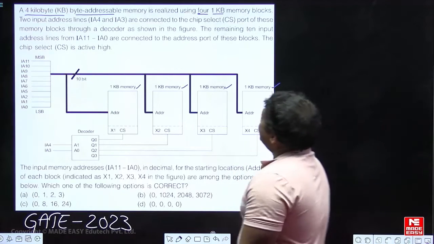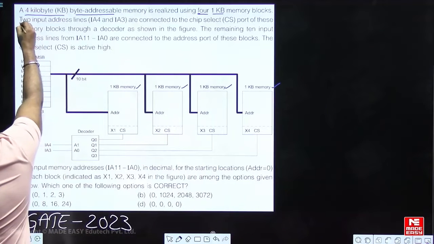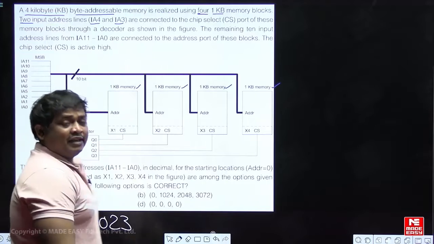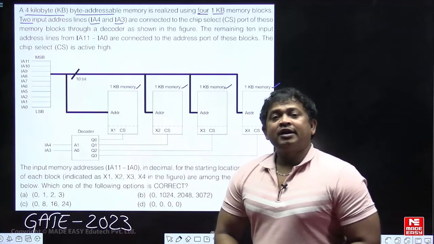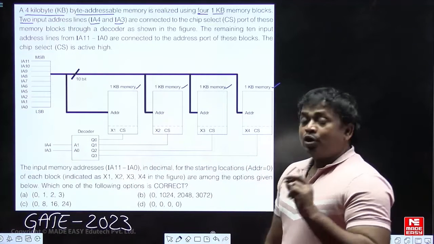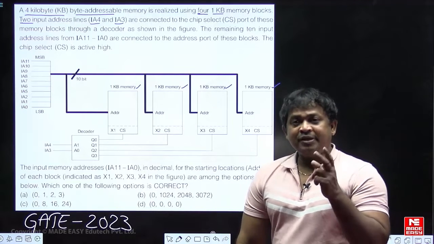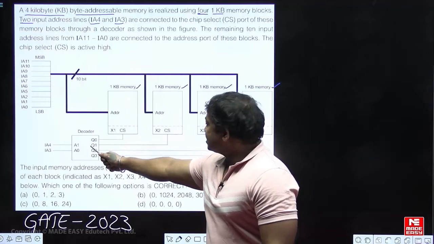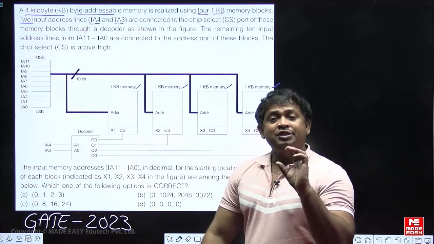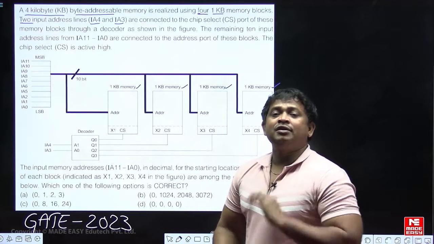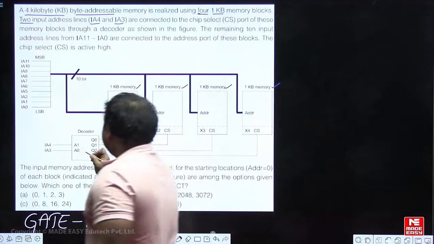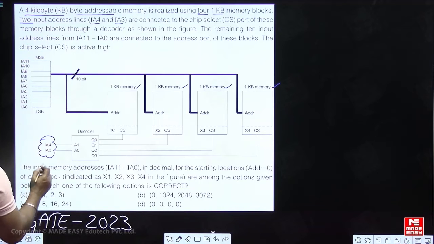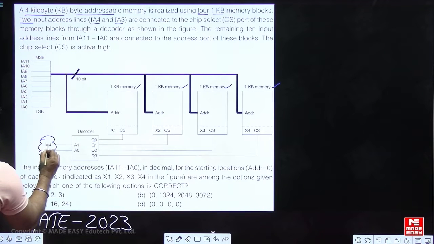Here there are 2 input address lines named IA4 and IA3. These 2 input address pins are connected to the decoder circuit. This decoder circuit is connected to the chip select logic of each memory block, as given in the question. IA3, IA4 mean input address 3, input address 4.